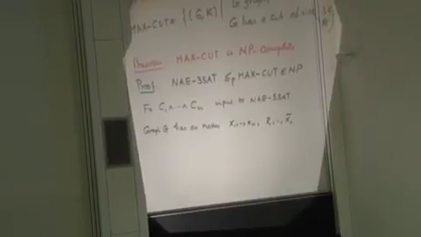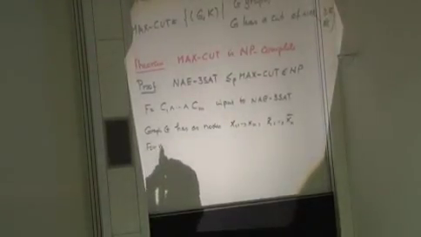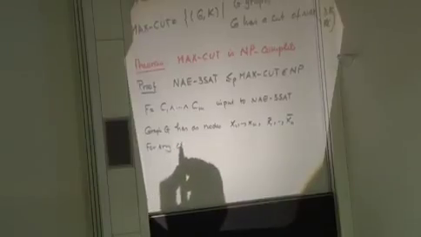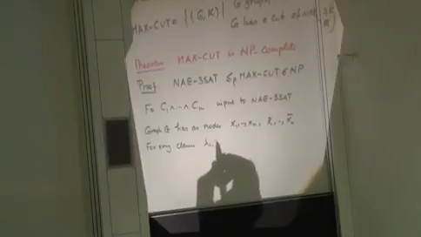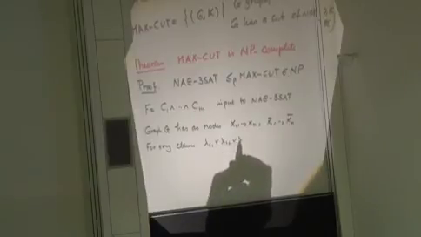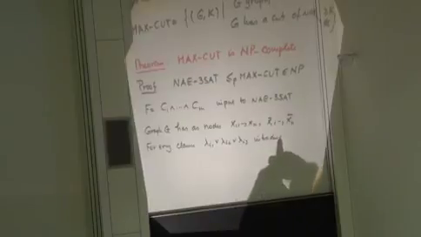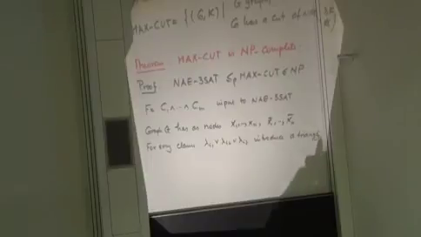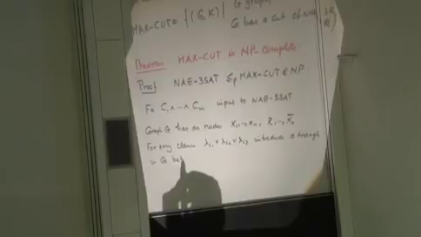So this is what the graph G will have as nodes. For every clause, if the clause is lambda i1, lambda i2, lambda i3, introduce a triangle in G between the corresponding nodes.